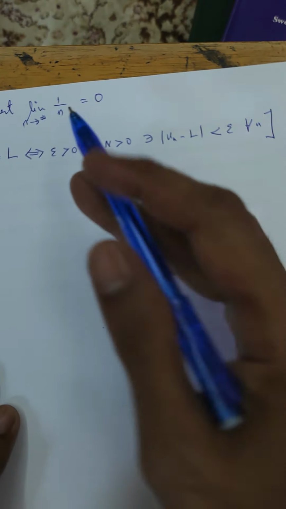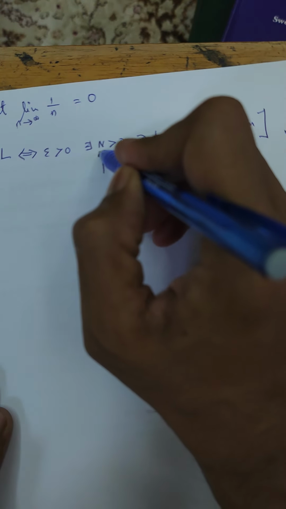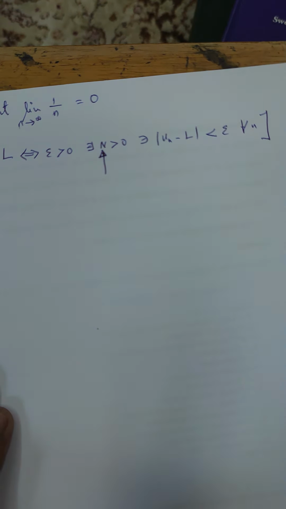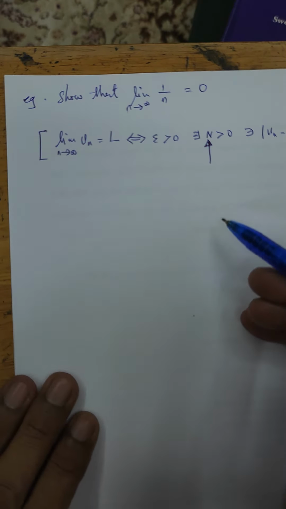In order to prove this, what we want to find is this N. That's what we are looking for. Can we find that N? That's the point. So let's do it.